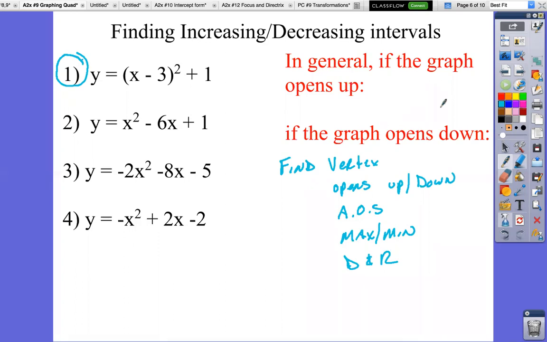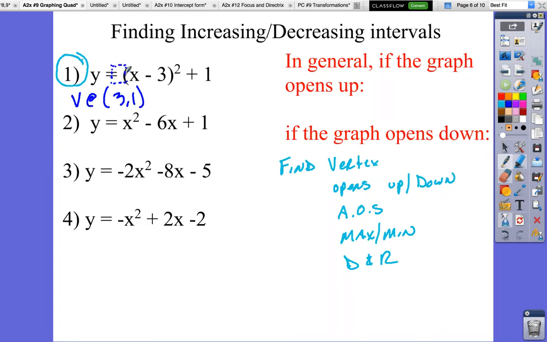So let's go ahead and do this real quick. If this is in vertex form, what's my vertex here? (3, 1). Perfect. And what's my a value? What's this value that's right here? 1.